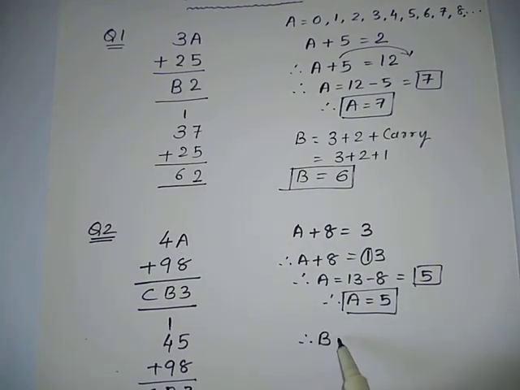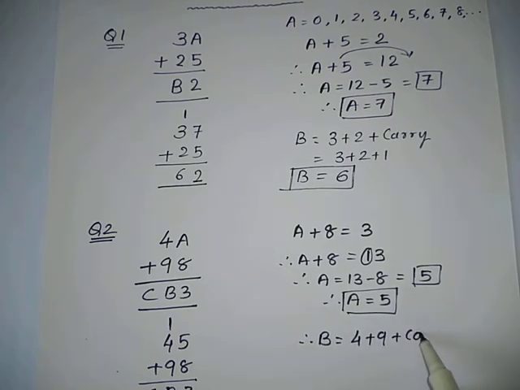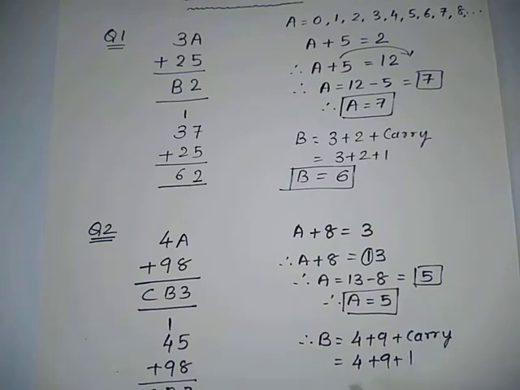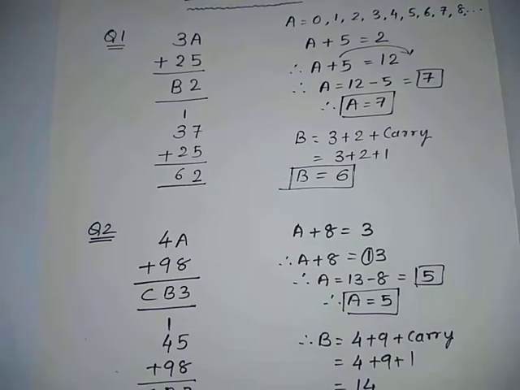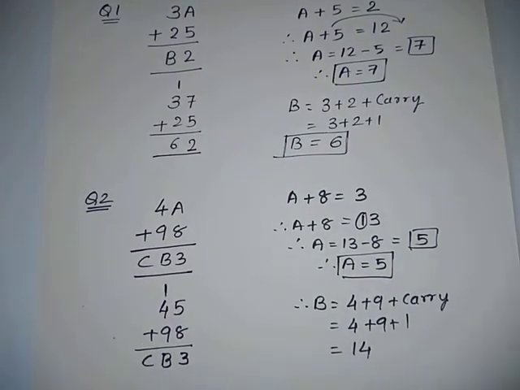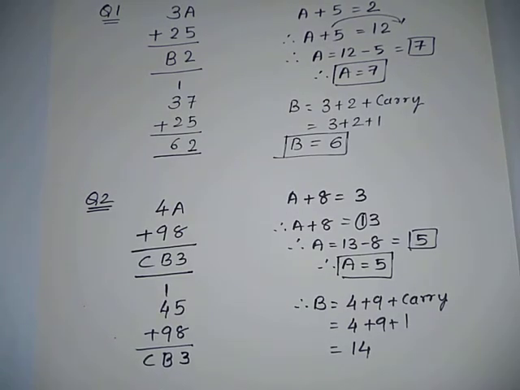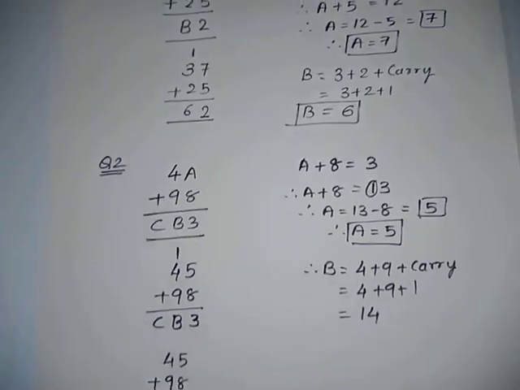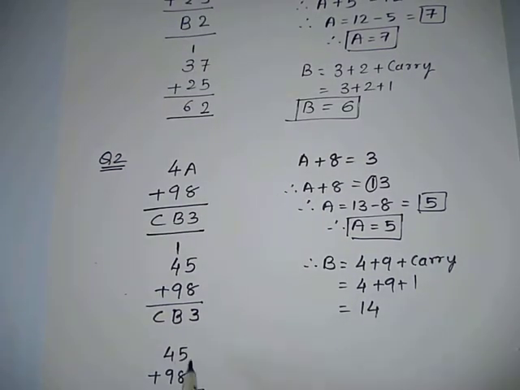Therefore, B is equal to 4 plus 9 plus carry. That will be 4 plus 9 plus 1. It will be 14. So we will get 45 plus 98 is equal to 143.